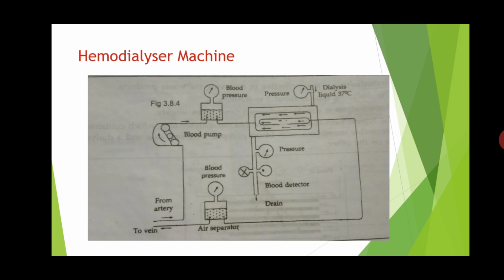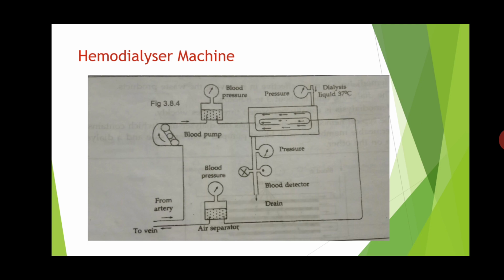If dialysis is used for a long term, then an arteriovenous shunt, which is a permanent connection between the artery and vein, is used. And this connection we can use up to 2 years. The arteriovenous shunt is opened and connected to the dialyzer.